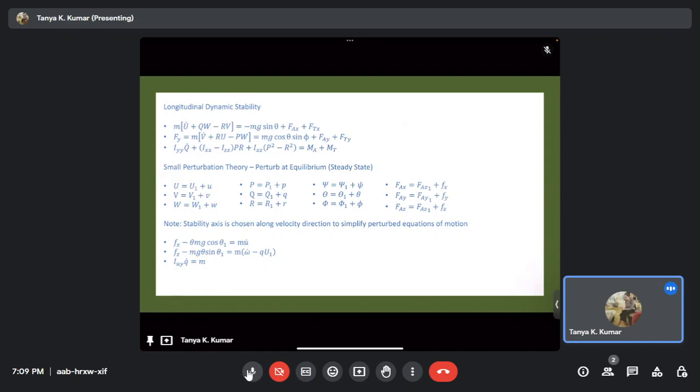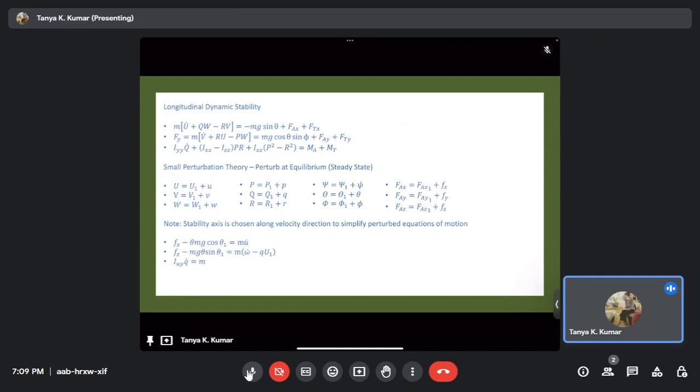Alright, so the stability axis is chosen to be aligned with the incoming velocity vector. Why do we do this? It greatly simplifies our equations. You can see that the elaborate equations in the first 3 are greatly simplified when it comes to the last 3 equations. Why is it simplified? Because several of your quantities are measured either parallel or perpendicular to the incoming velocity.